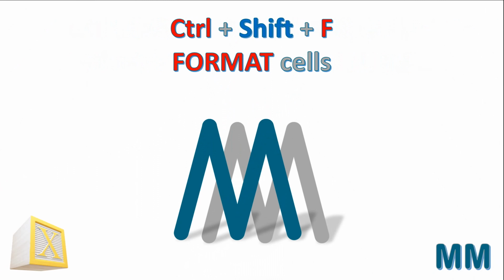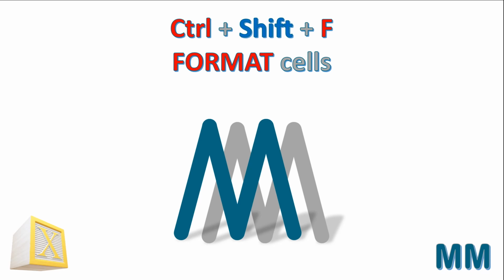Control Shift and F will be one of the shortcuts that will open the Format Cells option. So it's Control Shift and formatting, like being in control, making a shift, and that shifting being related to formatting.